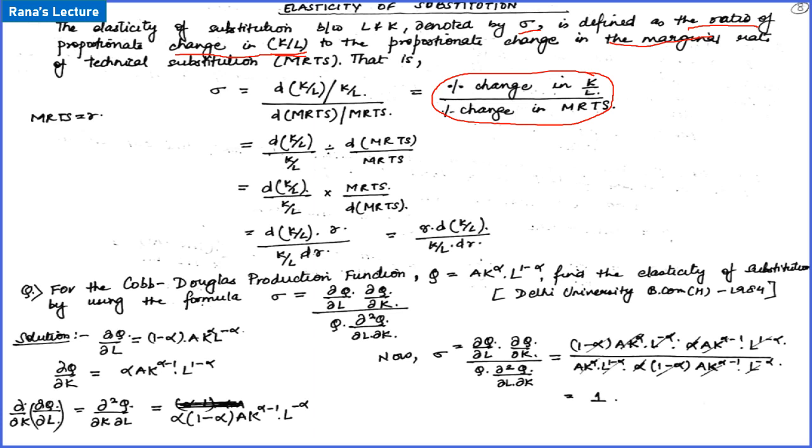Since this is percentage change in K by L, this is d(K by L) by K by L into d MRTS by MRTS. This can again be written as d(K by L) ratio by K by L divided by d MRTS by MRTS.